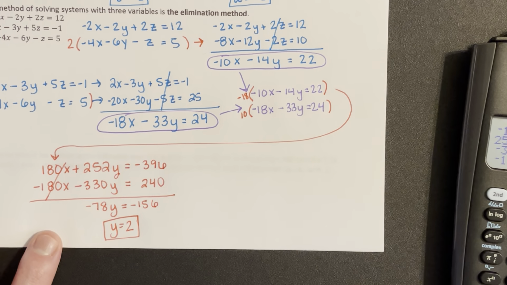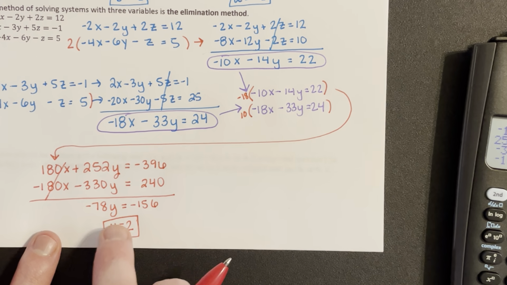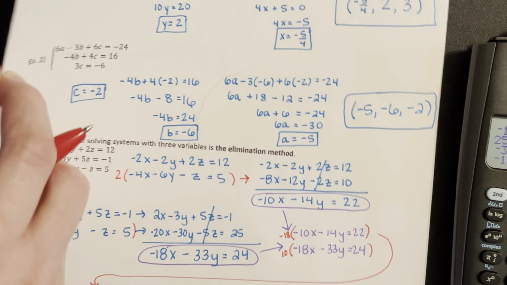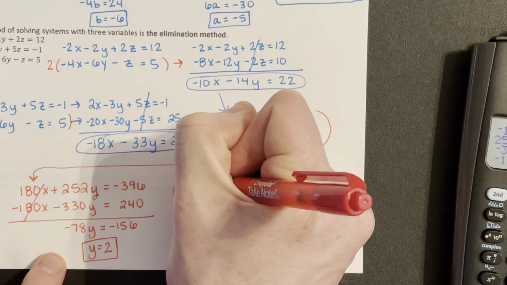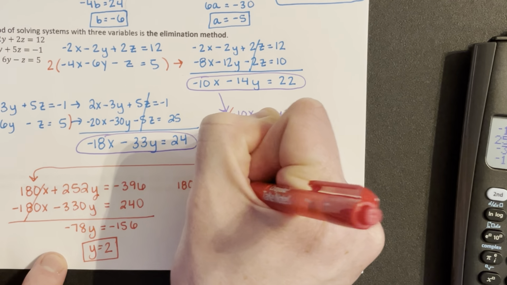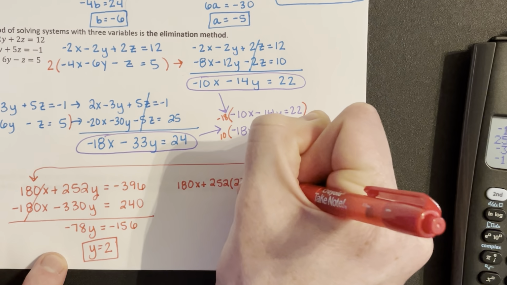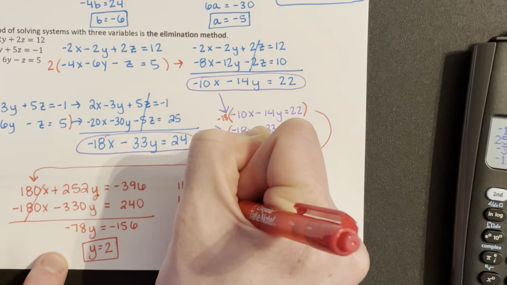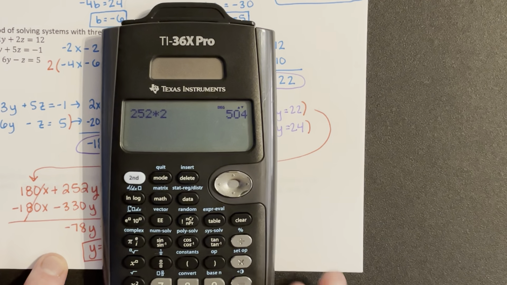We did all that work to find out what y is, but we still need to plug it back into one of these equations to get x. And you don't want to go back to the original because those have x's, y's, and z's. So I just plug it into one of them. Let's say I have 180x plus 252 times y, which was 2, equals negative 396. 180x, 252 times 2 is 504.